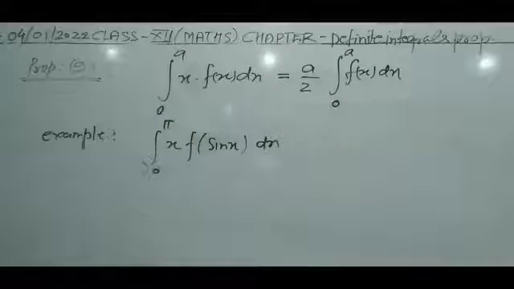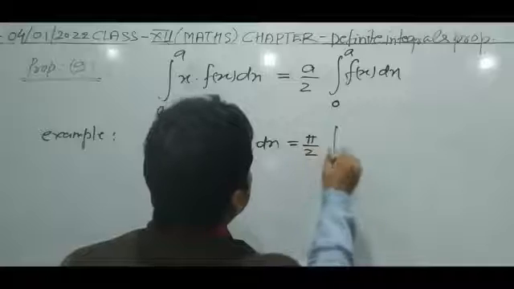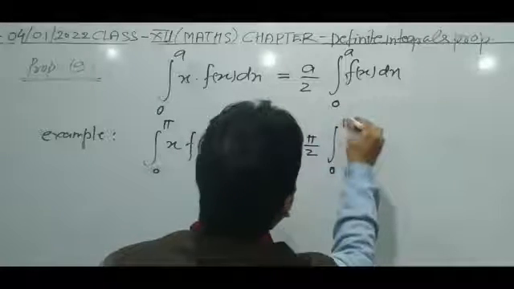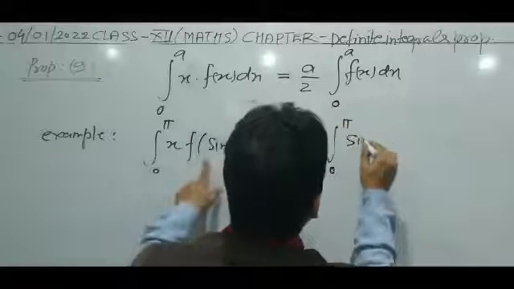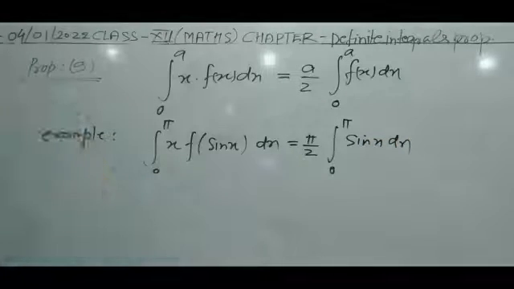So x times f of sine x, we can write by using this formula as pi by 2 integration over 0 to pi of sine x dx. So this is the example. This property helps to remove the factor x present on the LHS of integrals.